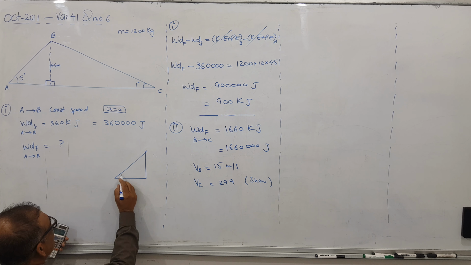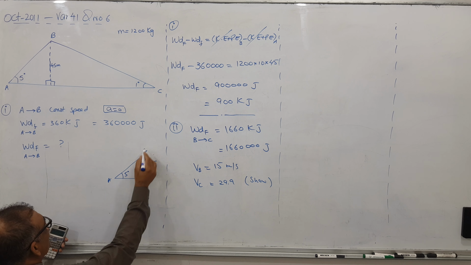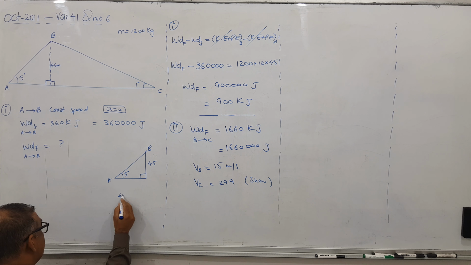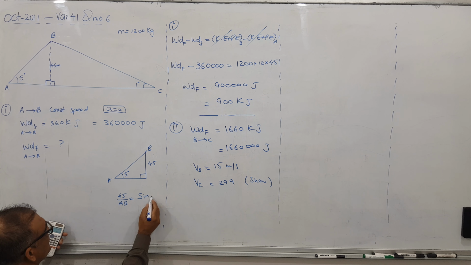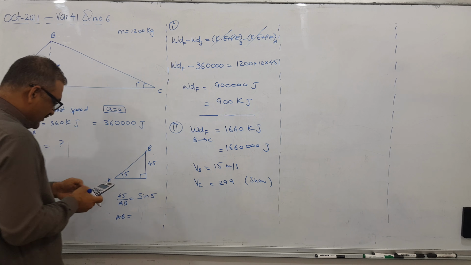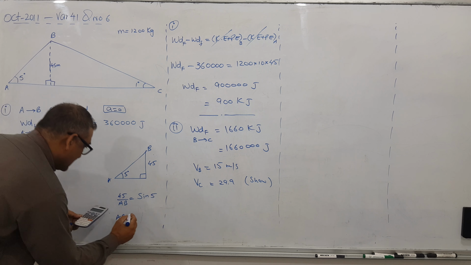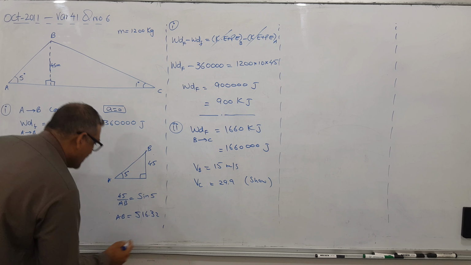So let's see, this is 5 degrees, 45, and find distance AB. Sine theta is opposite by hypotenuse, so AB is 45 divided by sine 5, and my answer is 516.32.